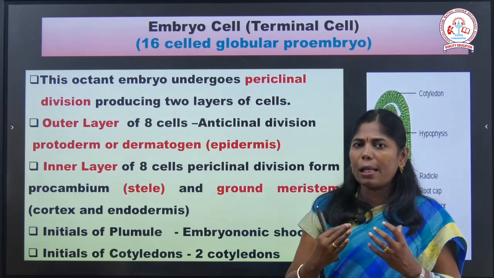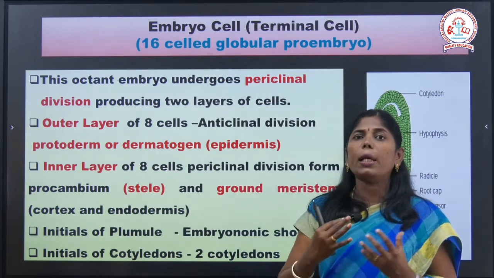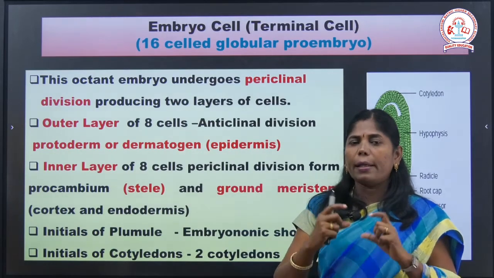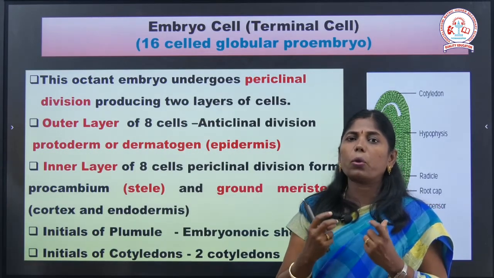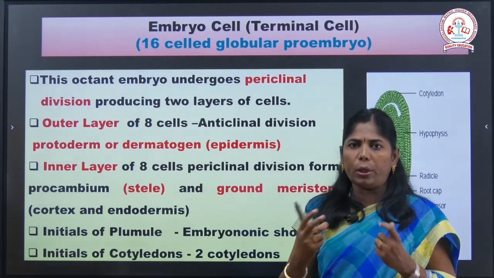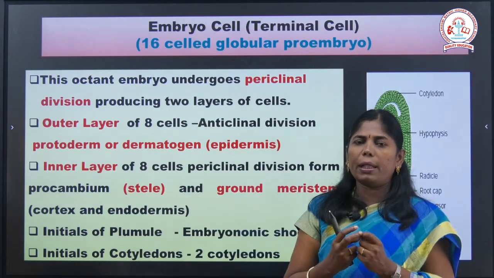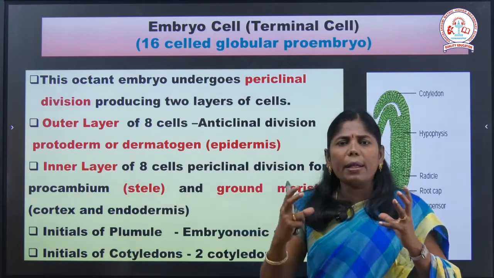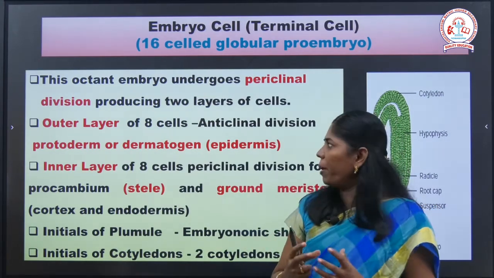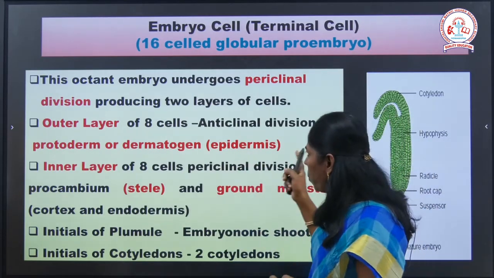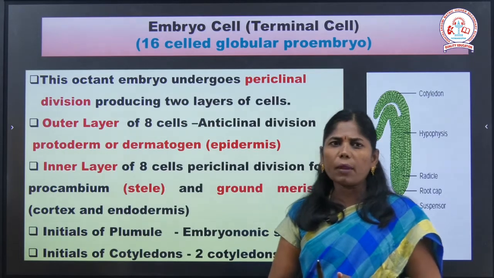When the green color is replaced by brown color, that is the bark, and that is what we call the periderm. The periderm is a replacement of the epidermis. So all the dermal region has to be formed from the 8 cells, and it is formed because those 8 cells undergo anticlinal division.